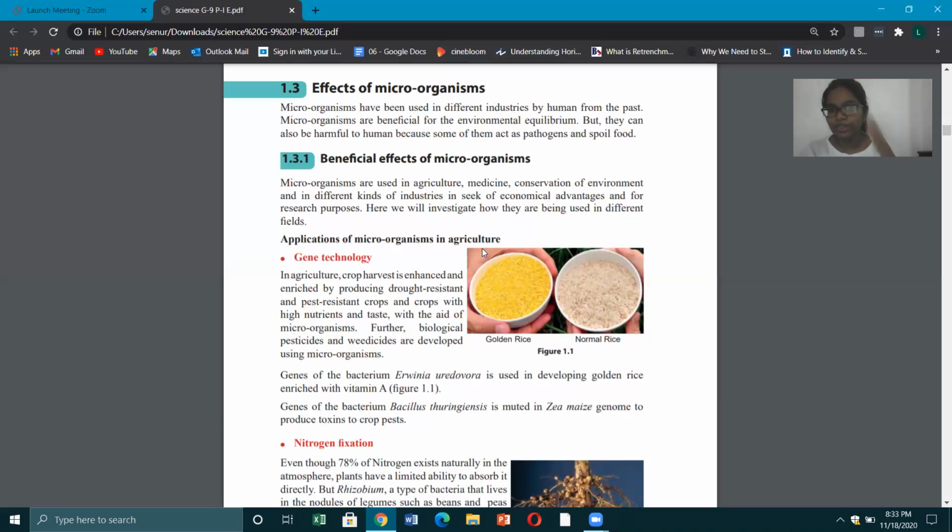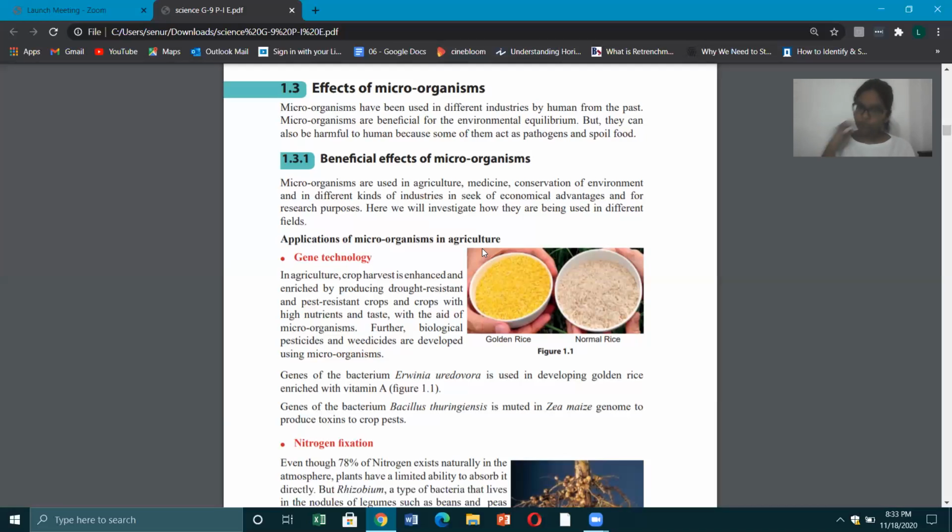What do you mean by conservation of environment? What do you mean by conserving? Conserving is you're using something but in a very good manner, in a very organized manner, so that the future generations could also use it. What do you mean by conservation of water?